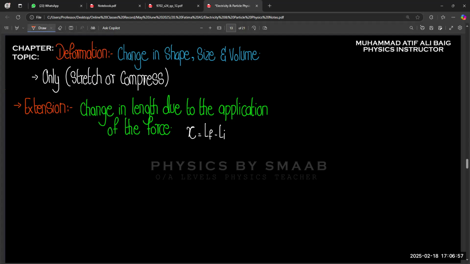So there are two types of extension we can have: positive, when we increase the length, and negative, when we decrease the length. So this is the concept of extension.